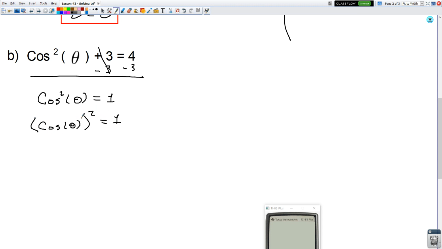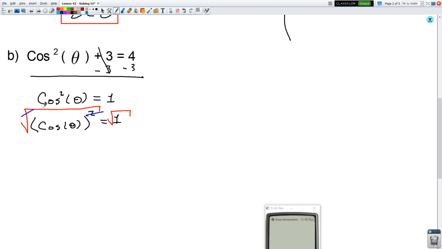Why? Because the cosine is raised to the second exponent, you want to get the cosine by itself. And to get the cosine by itself, you need to cancel out the second exponent. And we saw in previous lessons that if you want to cancel out the second exponent, you can take the square root on both sides.